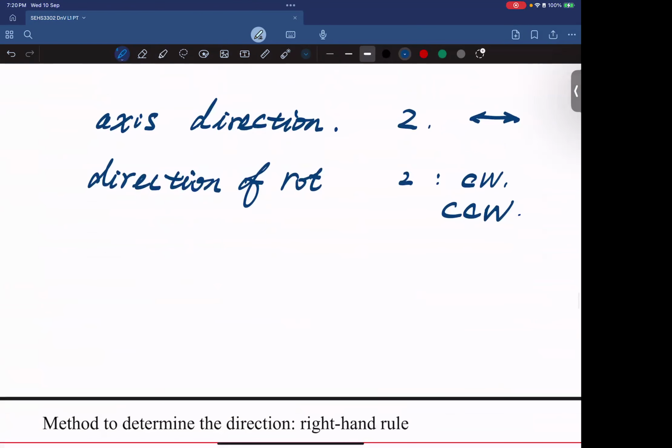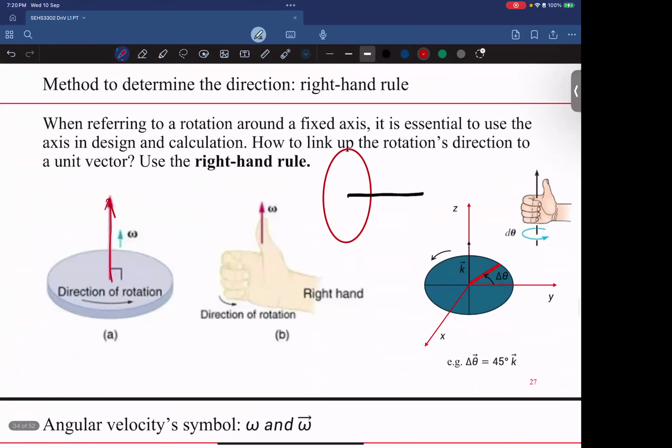Is it possible to link up these two conditions? I mean, through which way we can see, okay, when the rotation is in this way, we link it with pointing up. If we rotate it in another direction, the line will point down.